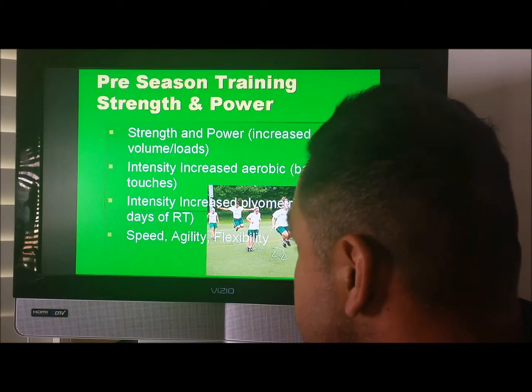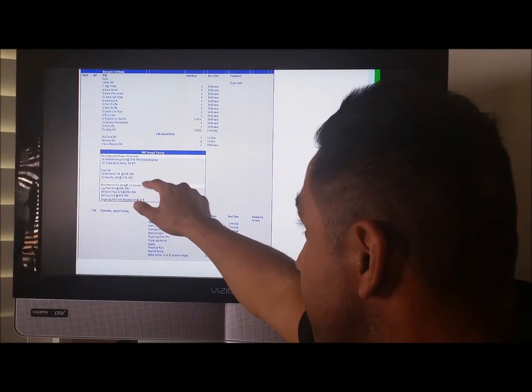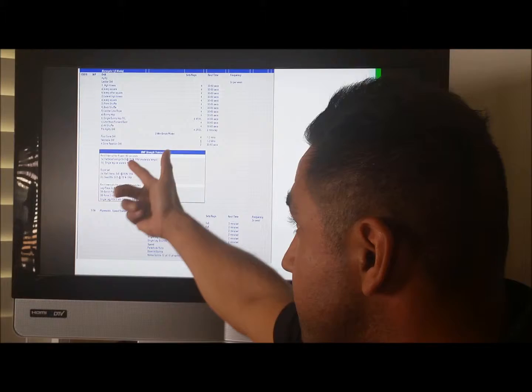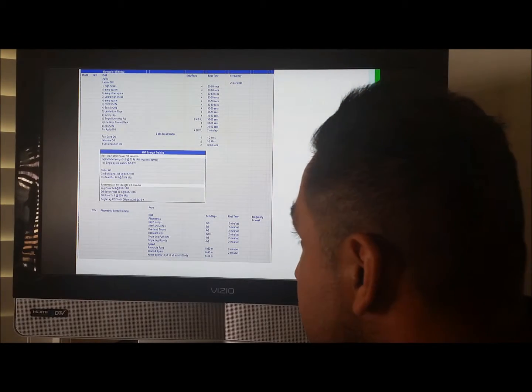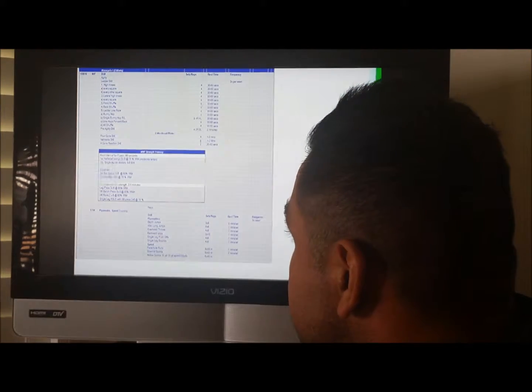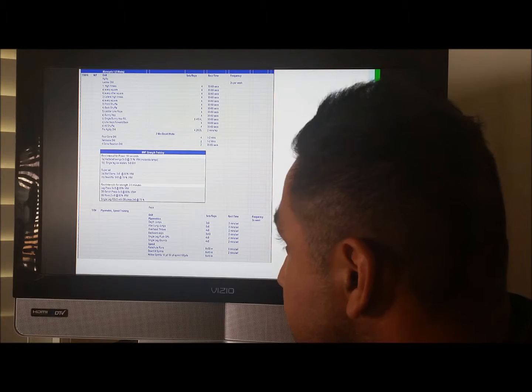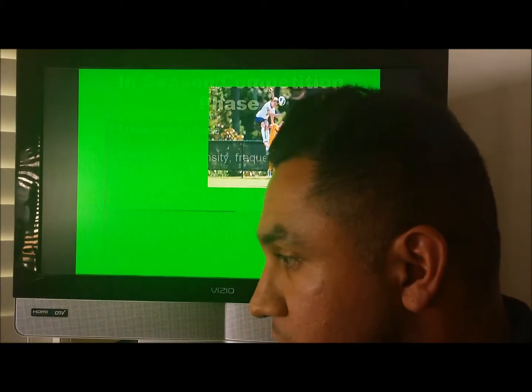In season, we want to make sure that we maintain some of what we have gained. So we're going to do more of a superset to keep the heart rate up, to get more of an aerobic output from it, with different kinds of exercises that they're going to be able to be fundamentally sound with.